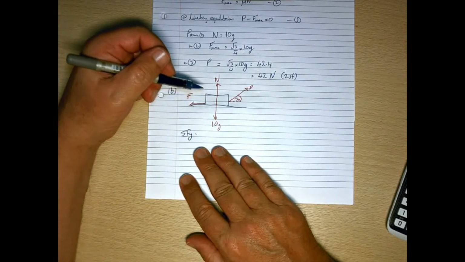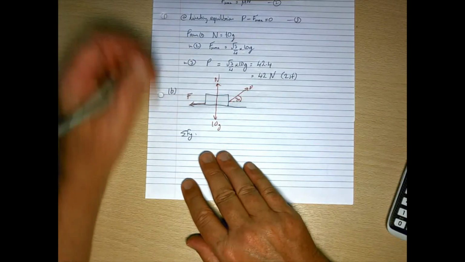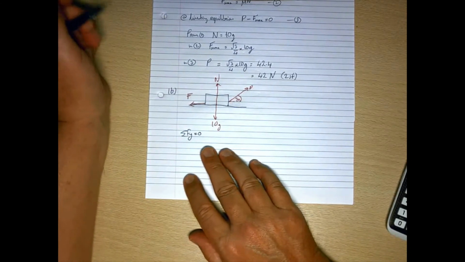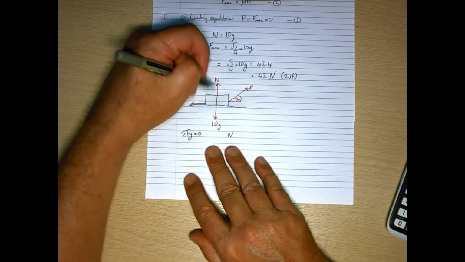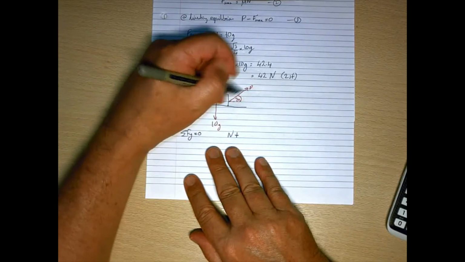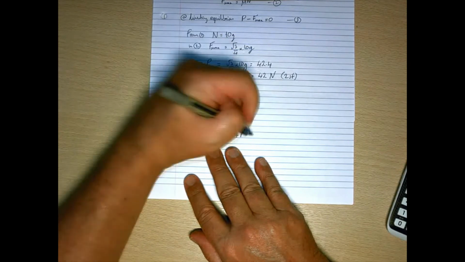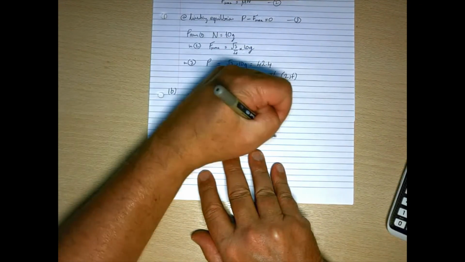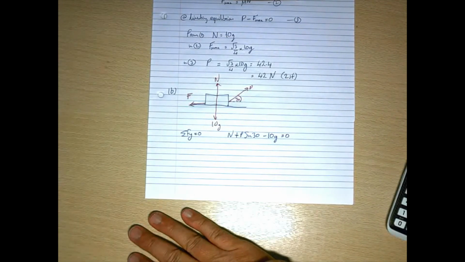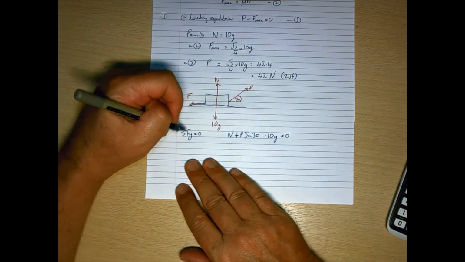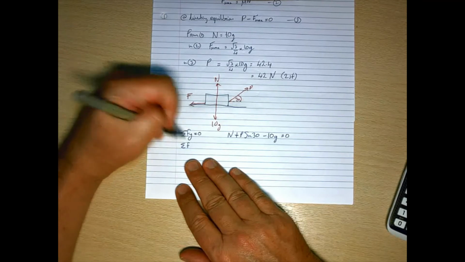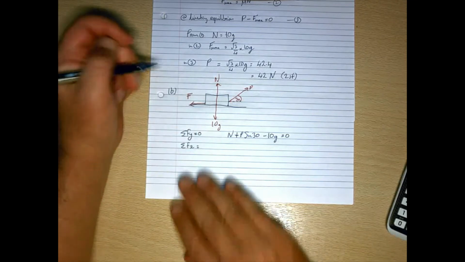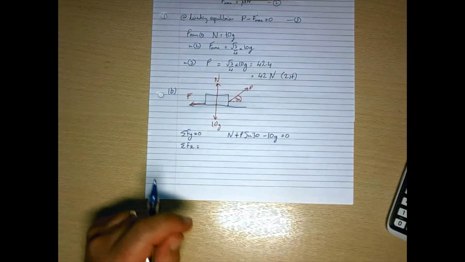There's still going to be no upward movement, so it's not going to lift off the surface, so they're still going to sum to 0. N, and then we're going to have a plus P, opposite is sine 30, minus 10g equals 0. The horizontal summation is also going to be, are we trying to calculate it?